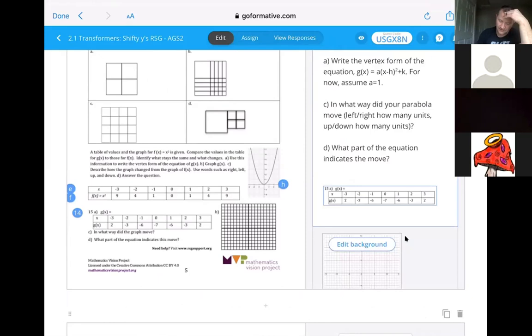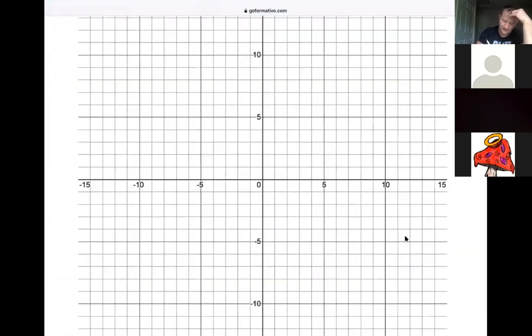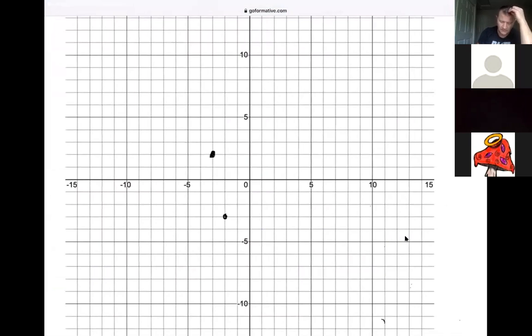Like the first one I'm gonna need to hear is -3, 2. So -3, 2. What's the next one? The next one is -2, -3. -2, -3. Okay. And then -1, -6. Okay. 0, -7. Okay. And then I can figure out the other ones.